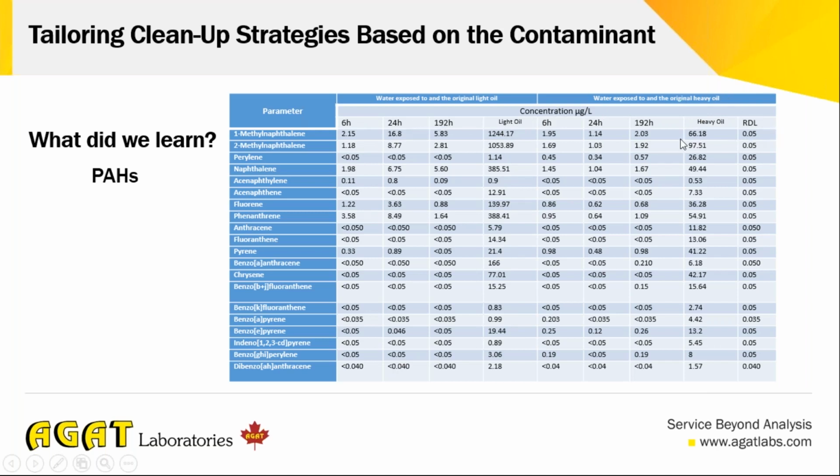At the right side, we see the heavy oil and the concentration of PAHs from lower to higher molecular weight versus their concentrations in water. In general, what we wanted to highlight is that naphthalene and its alkylated compounds are very abundant in both oils, not only in light oil, also in the heavier oil.